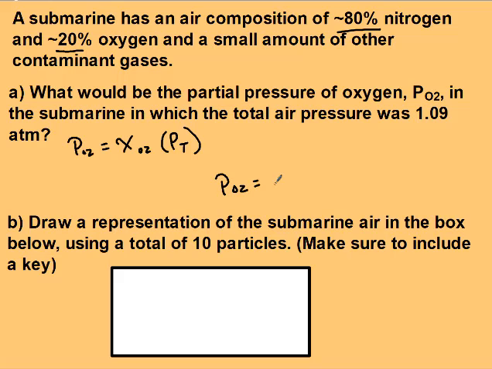Our fraction in this case, they said oxygen is 20% for every 20 plus 80 or 100. So when it's a percent, it's going to be over 100. And then my total pressure was 1.09 atm. They don't specify what they want the partial pressure in, so the easiest thing would be leave that in atm. So 20 divided by 100 times 1.09 gives me 0.218 atm.